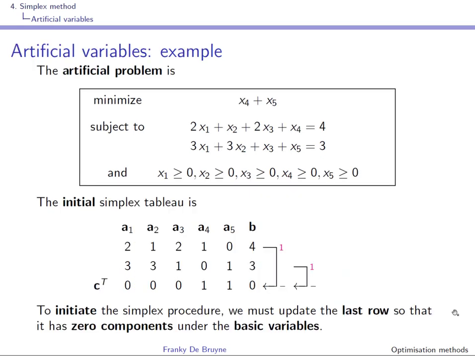This is the stage 1 problem, which introduces two artificial variables x4 and x5, but it can be treated as a simple linear program, and you can use the simplex method to solve it. At the end, you will obtain an initial basic feasible solution for your original problem.